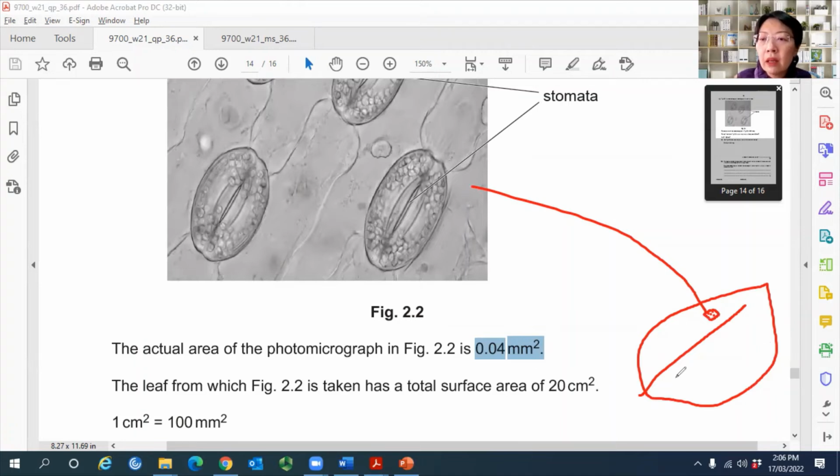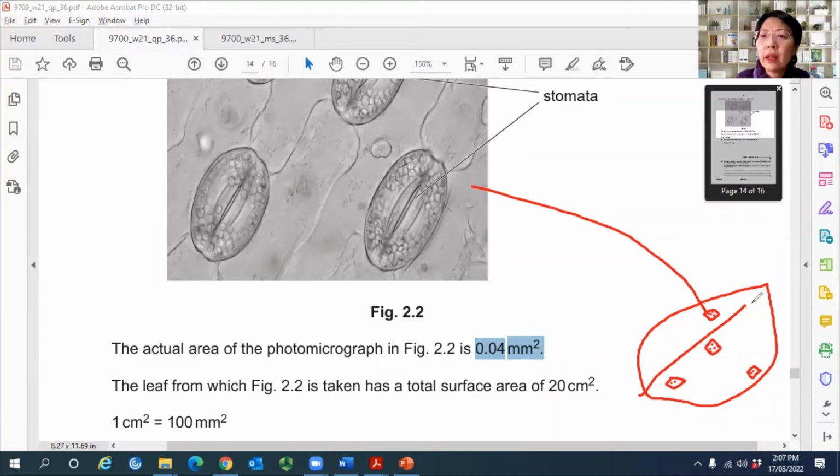But the distribution at the bottom here, which is bigger, may have fewer stomata. Maybe near the margin there are also fewer stomata. Near the mid-rib, there could be more stomata.